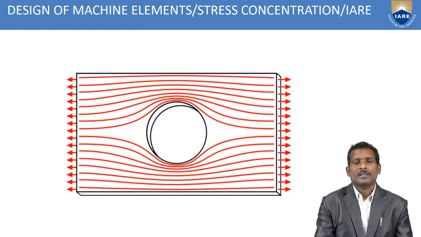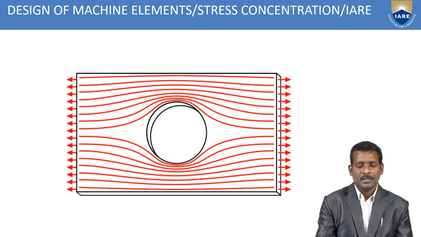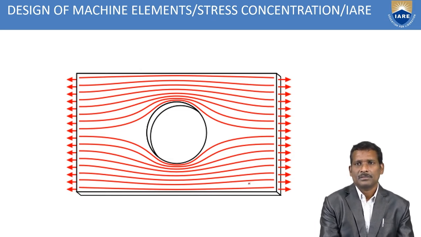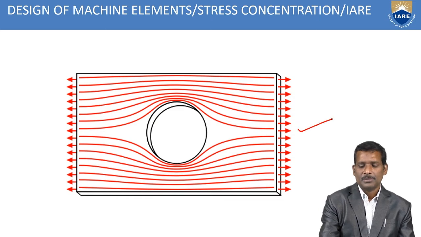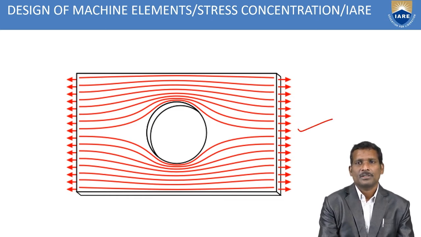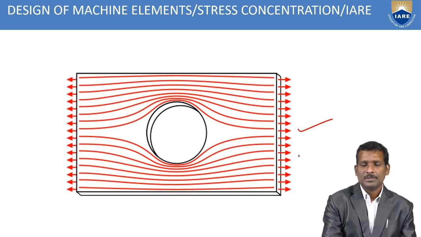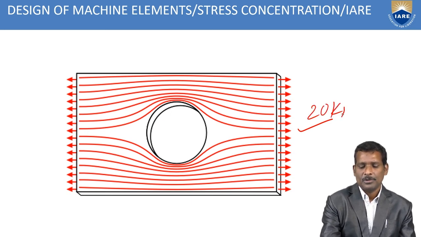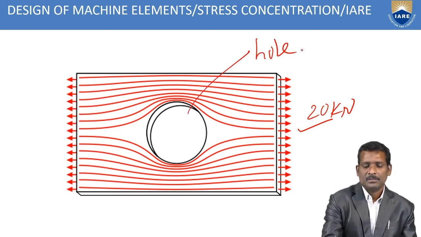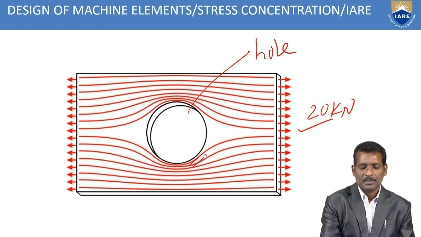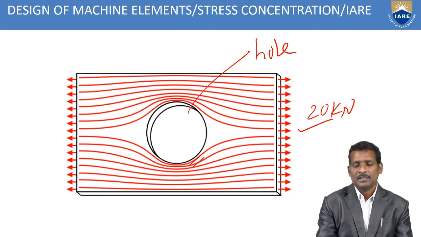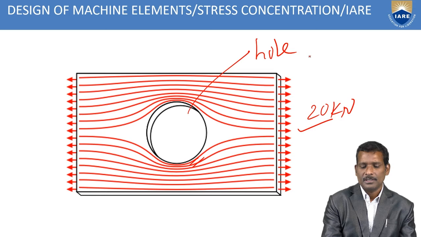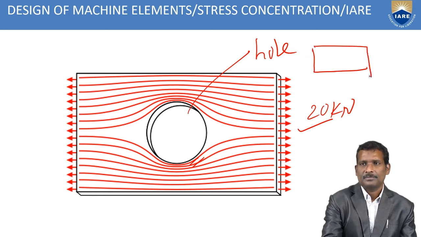See, in this diagram I have shown the stress distribution lines. Clear. Here we have taken a component subjected to tensile force, for example 20 kilonewtons. It has a hole, which is called a discontinuity. Suppose the cross section is like this.